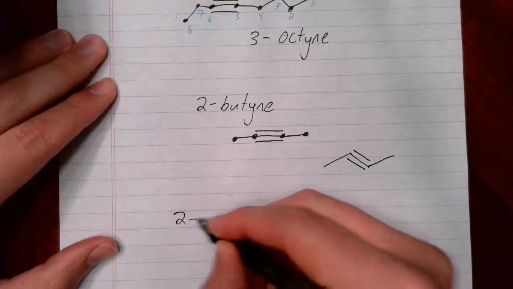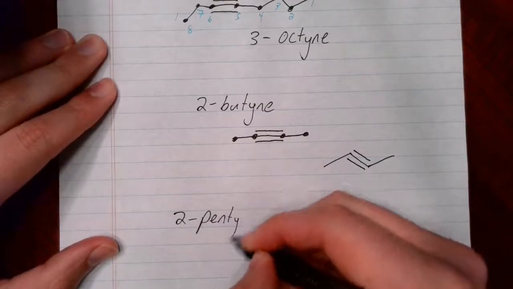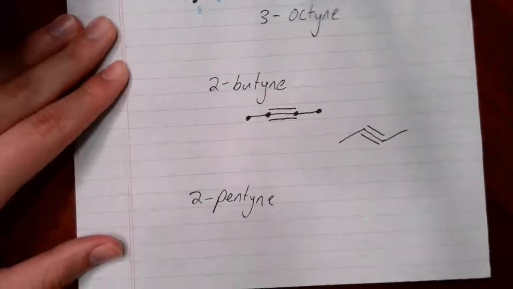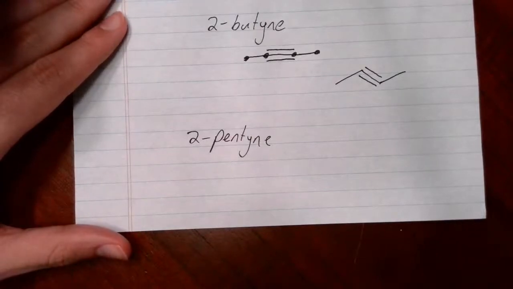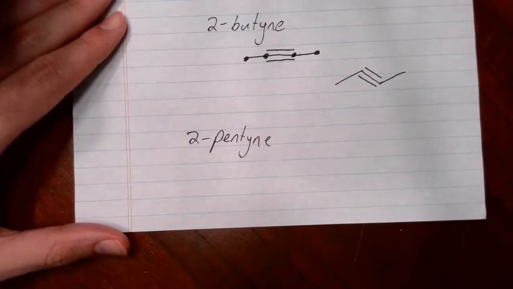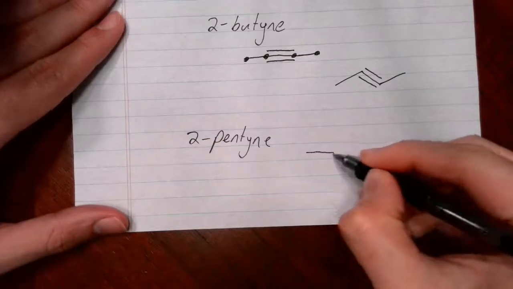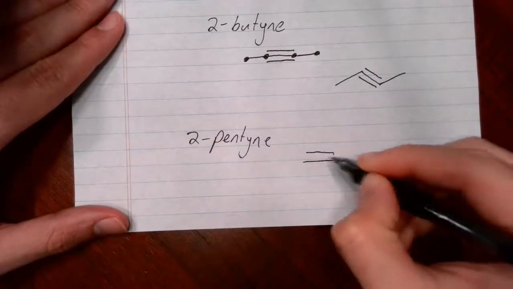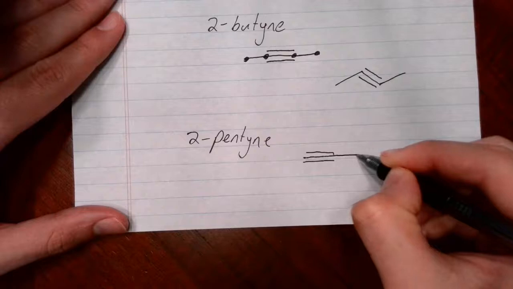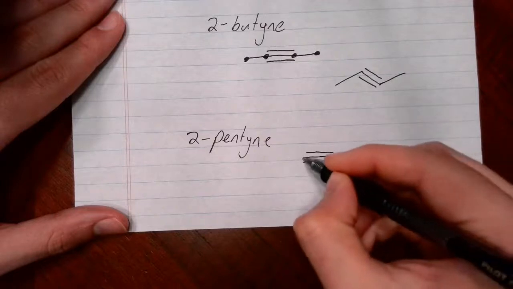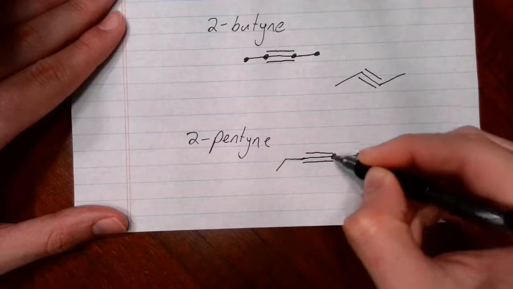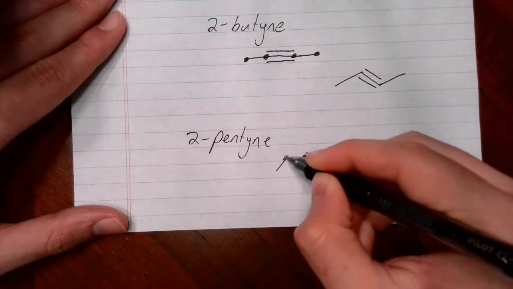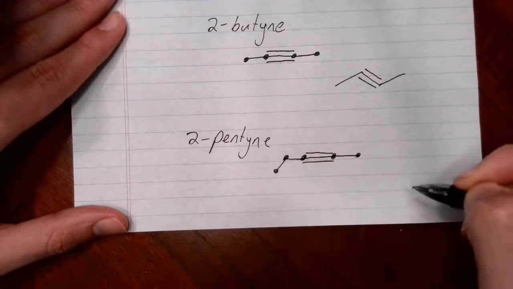Let's look at 2-pentane. So the pent tells me 5 carbons, the YNE tells me a triple bond, and the 2 tells me where the triple bond is. So we can draw it like this. So there are 1, 2, 3, 4, 5 carbons.